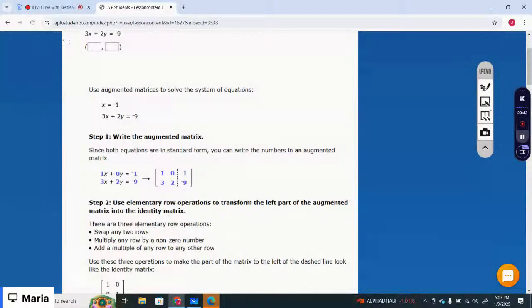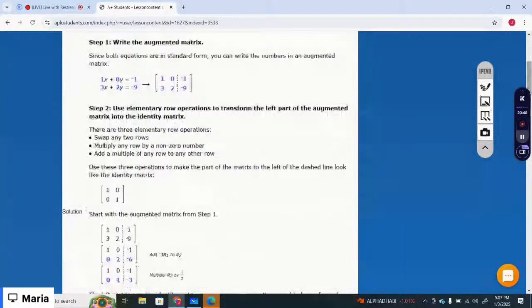So basically you have to make this matrix an identity matrix. The identity matrix is 1 0 and 0 1, right? And the third column has the values of the x and y variables. When you convert the matrix to an identity matrix, you have the values of x and y in the third column.